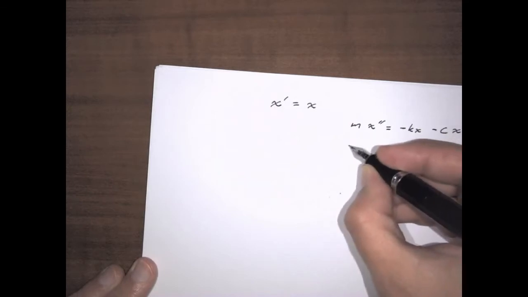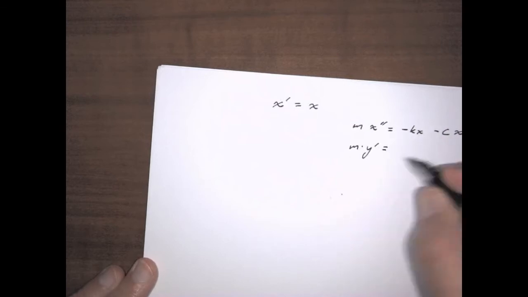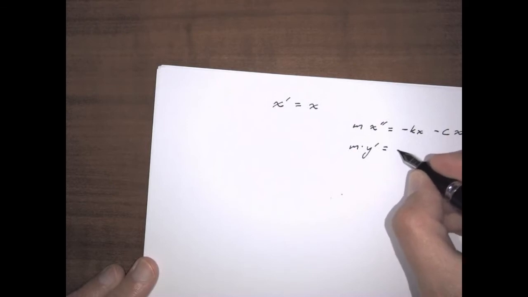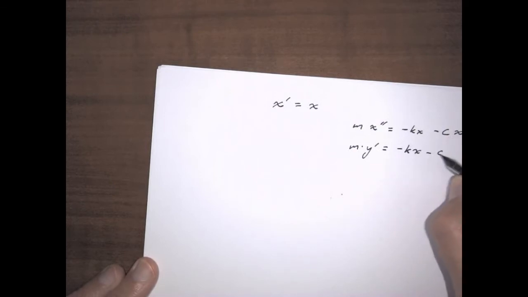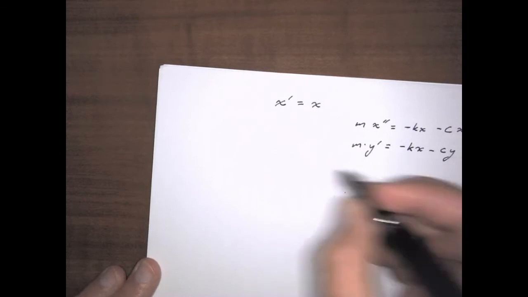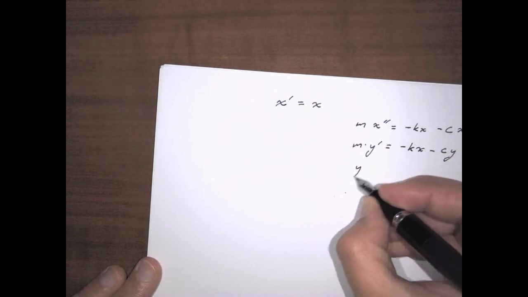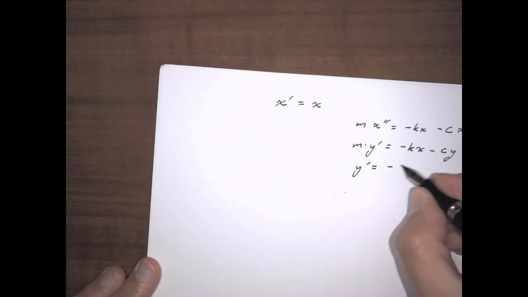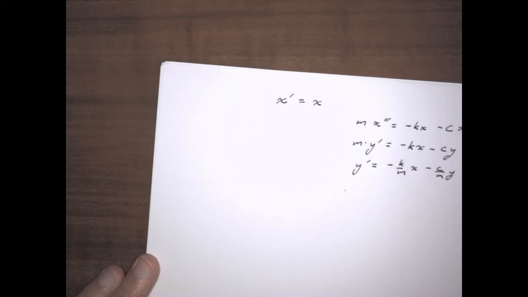So this is going to be the same as m times y prime is equal to negative kx minus c times y. So then putting those together, we're going to have y prime is equal to negative k over m x minus c over m y.